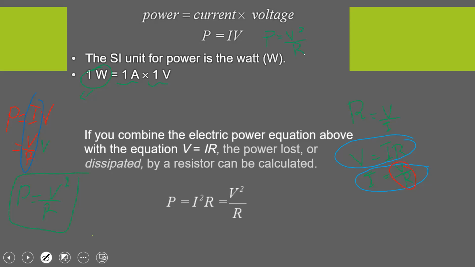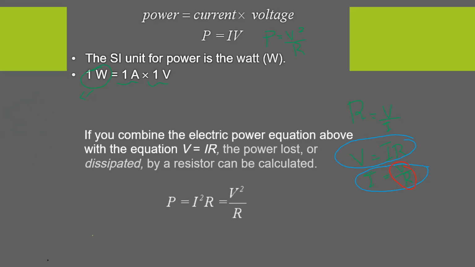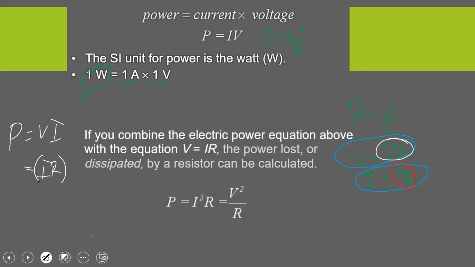And also, if you write it now as P is V times I. Now, instead of writing V, I want you to write I times R. So I times R times I. What do you have now?